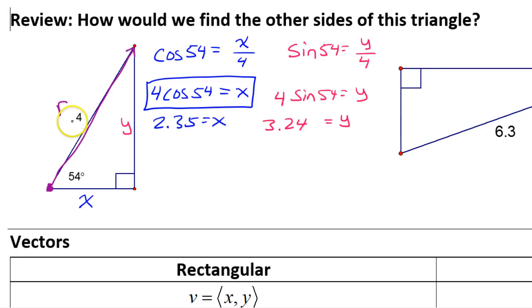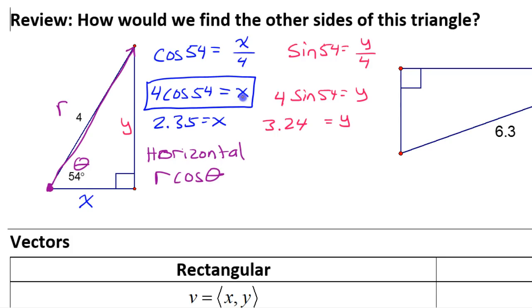So we have x, y, and r. If I want the horizontal component, the horizontal component is always going to be r cosine theta. Obviously this is theta right here.